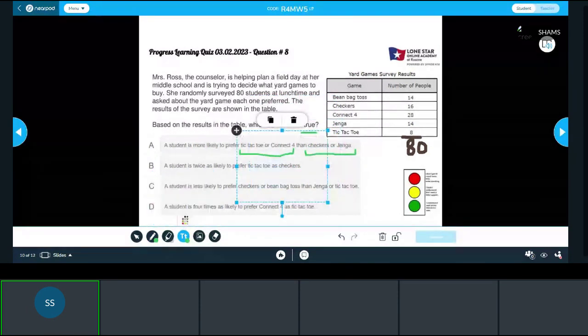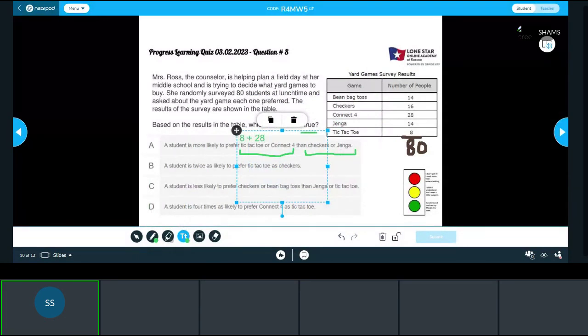So tic-tac-toe is 8 and Connect 4 is 28. Altogether, I can say it is 36 people. Whereas checkers and Jenga, checkers is 16 people and Jenga is 14.